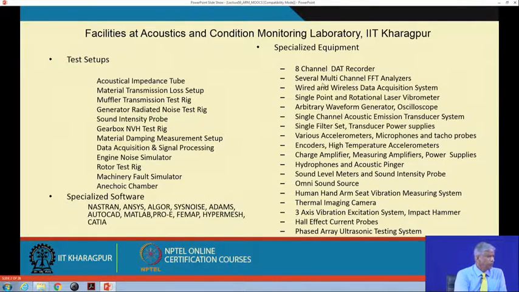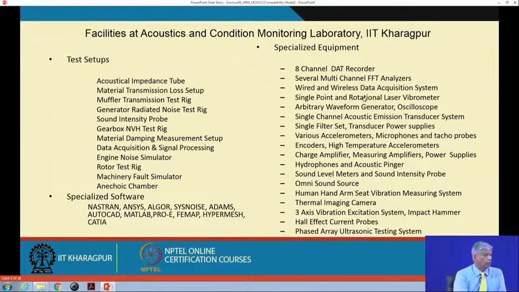Many multiple channel FFT analyzers are there: 8 channels, 4 channels, 2 channels, 7 channels. Of course, a lot of data acquisition systems and cards with high sampling rates. We even have wireless systems wherein we can do wireless data acquisition. You must have seen the single point laser vibrometer.